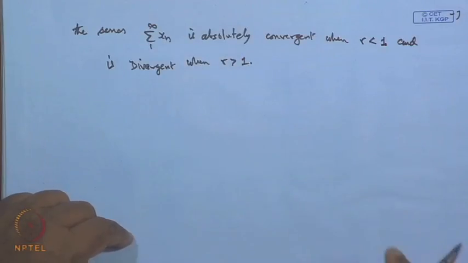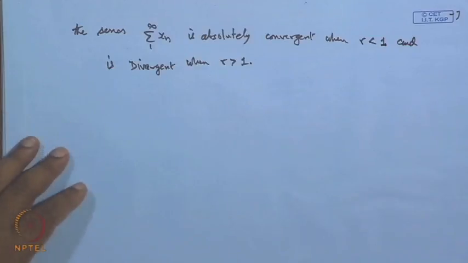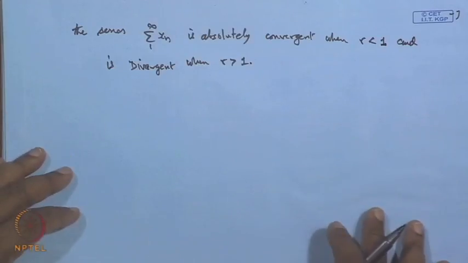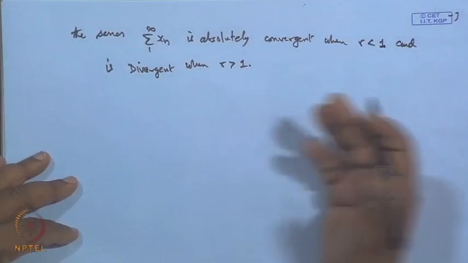Again, for R equal to 1, the test fails. So if we look at this, for R equal to 1 the test fails.